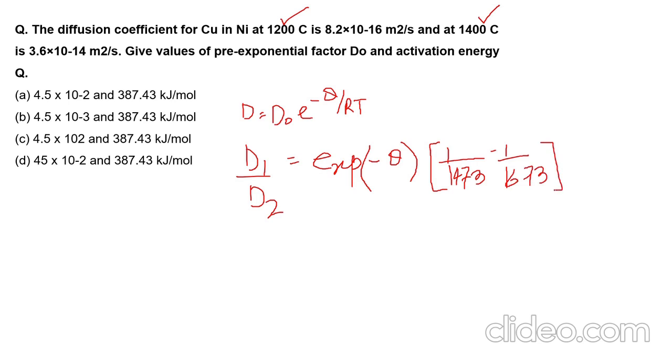So you know D1 and D2, you know the temperatures, so you can find the value of Q, because you know the value of R also. R is 8.314 if you are calculating in joules. So now you can calculate the value of Q from here.